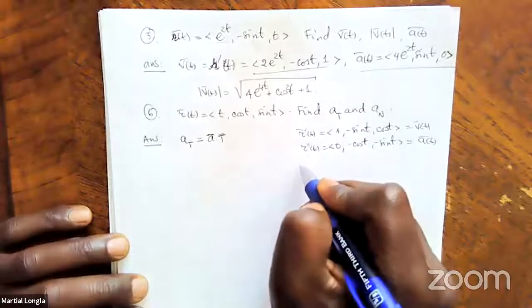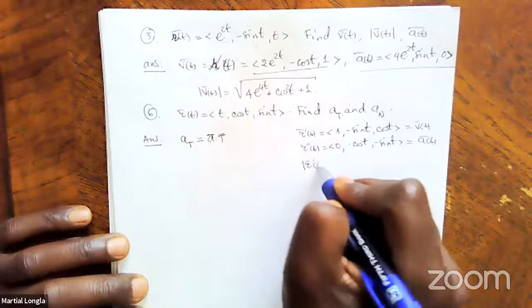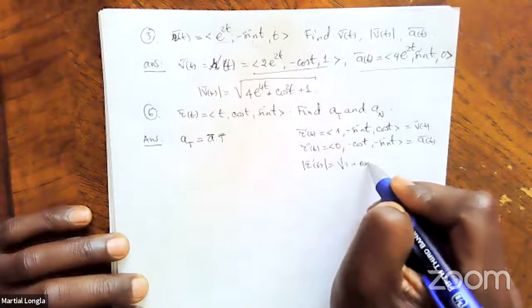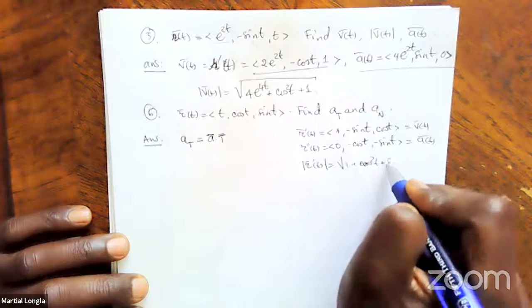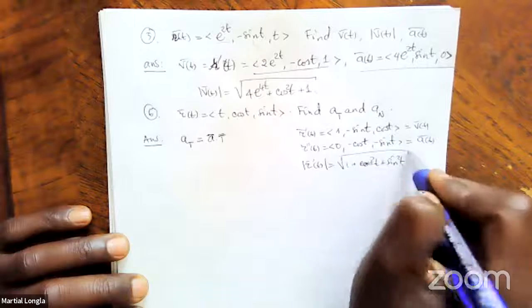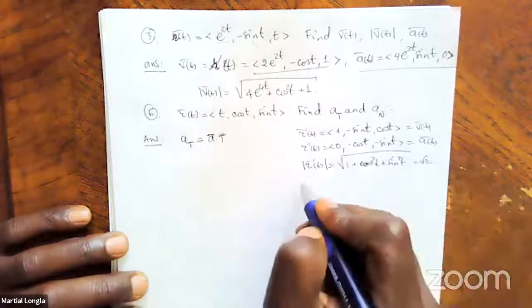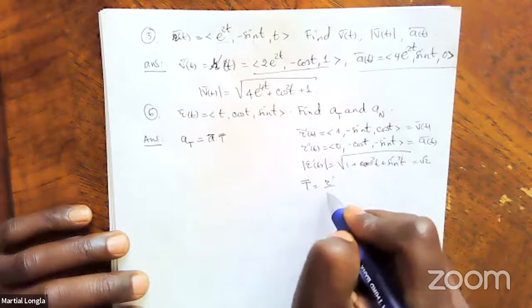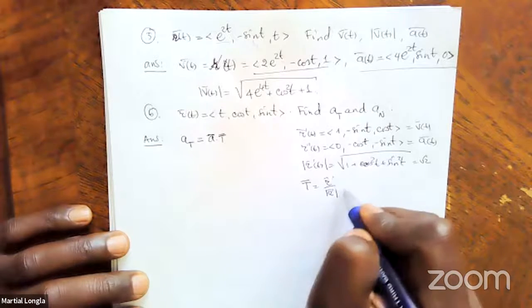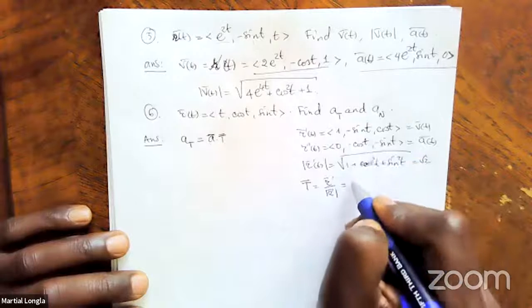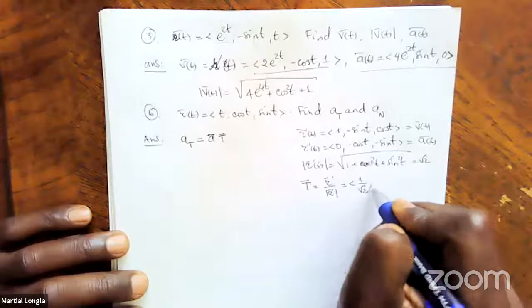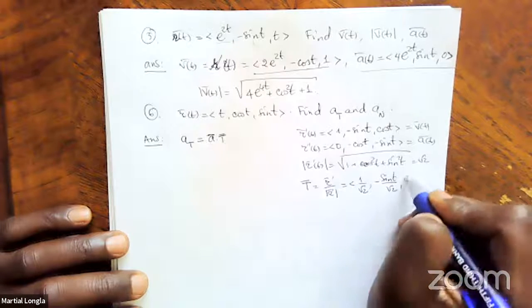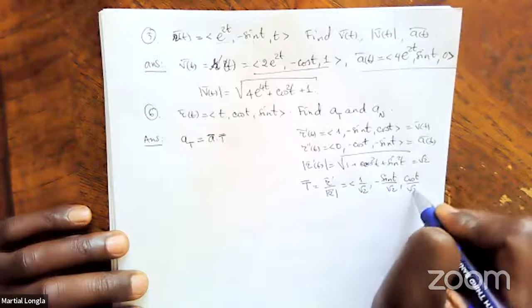And the magnitude of r prime of t is square root of 1 plus cosine squared t plus sine squared t. This is root 2. So that tells us that T equals r prime over magnitude of r prime, which equals 1 over root 2, negative sine t over root 2, cosine t over root 2.